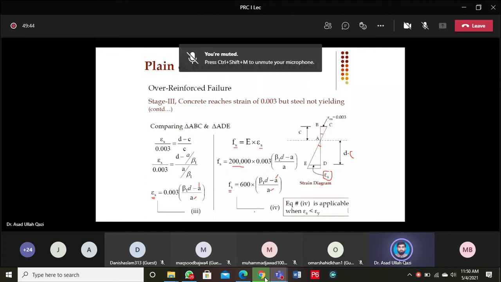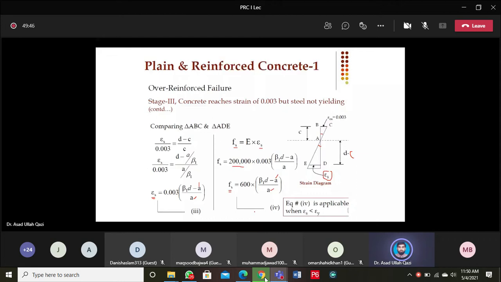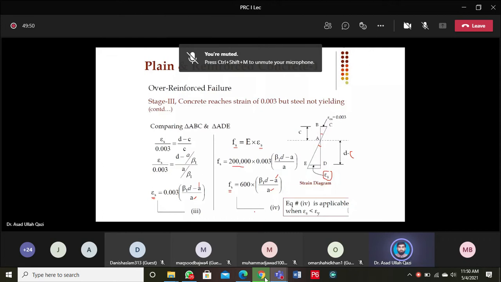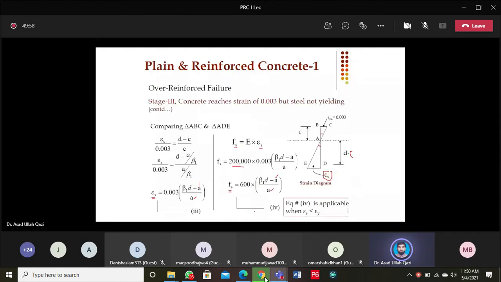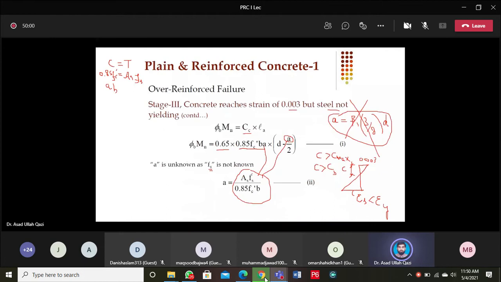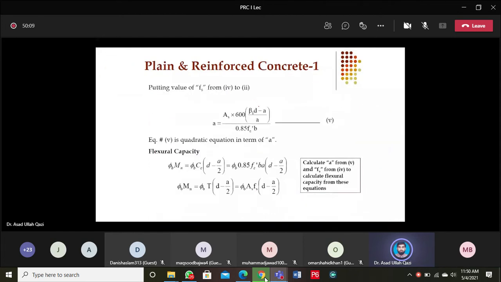I can put beta 1 d, but a will remain as unknown. So this Fs I can substitute here in equation 2, is done here.